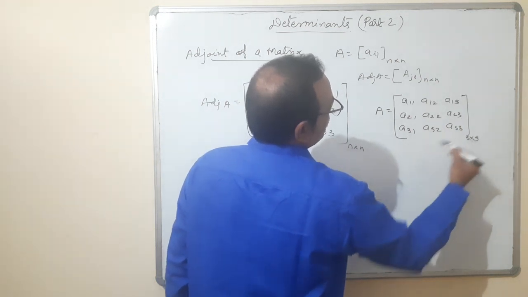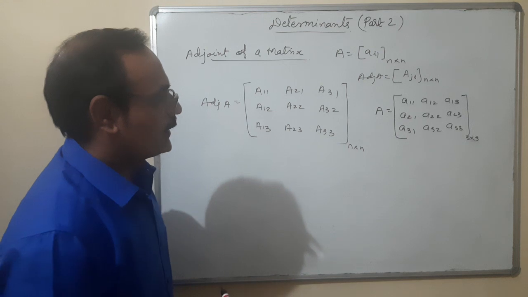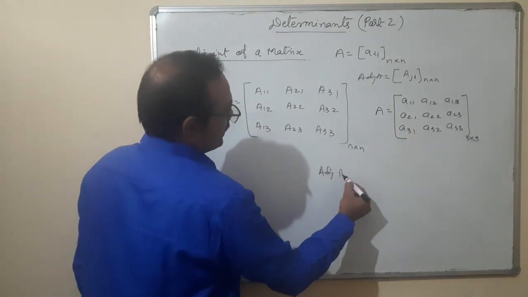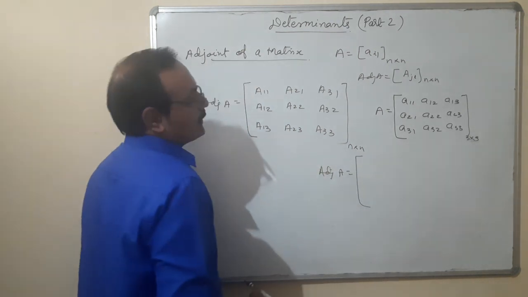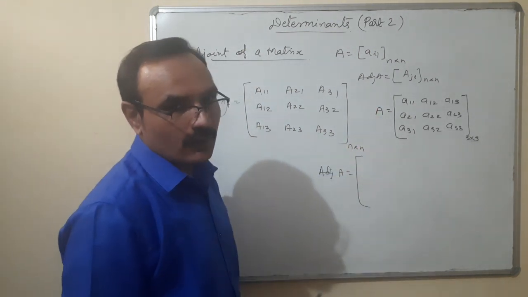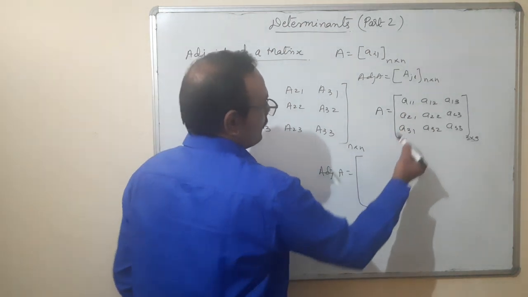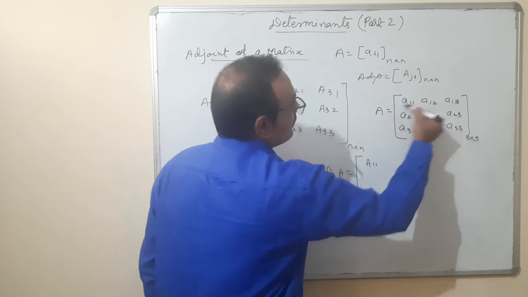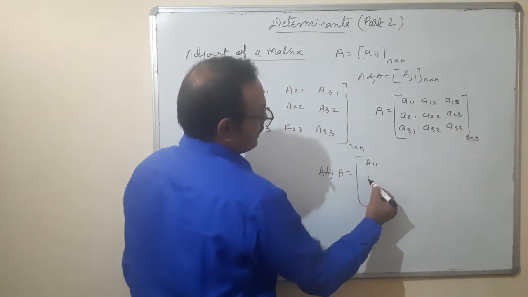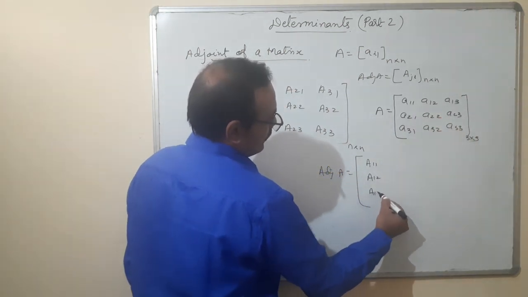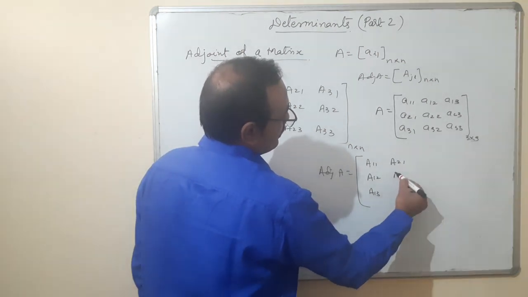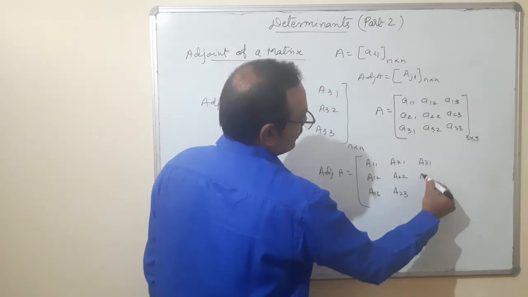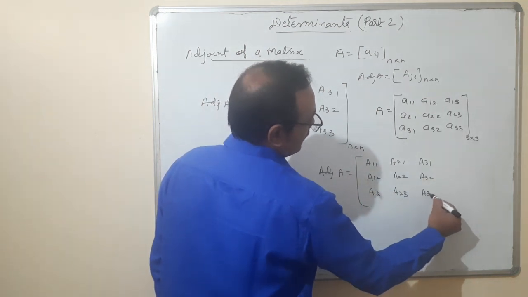It is a 3 cross 3 matrix. If you are going to find the adjoint of A, then we have to write the transpose of all cofactors. For the cofactor A11, leave this row and column, and the remaining elements are a22, a23, a32 and a33.